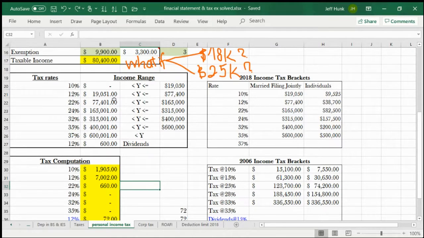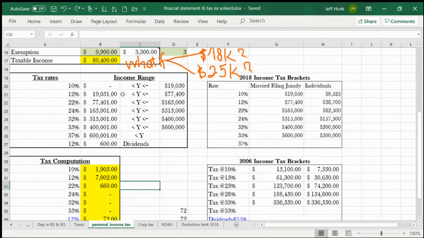Why? For this taxable income, the first layer, or the first bracket of income, of course, because it's 80K, they have income that falls into this range. So for their first $19,000, they pay 10%. And even after paying 10% for the first $19,000, they still have income going on.